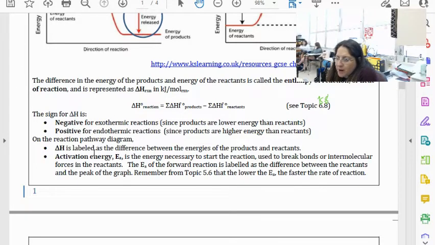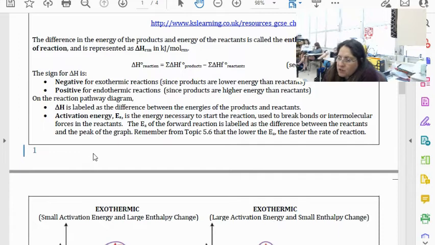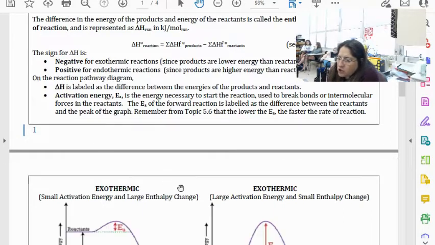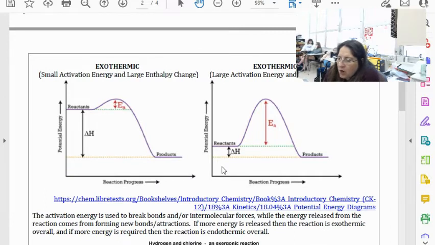On the reaction pathway diagram, then, delta H is going to be labeled as the difference between those energies of the products and reactants. And then we have something called activation energy. So do you see how on these graphs you have this big hump, or I guess it's a little hump here, but a big hump here? This is how much activation energy you need to have to make this reaction run.